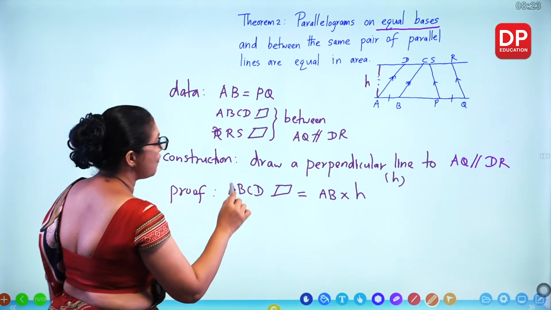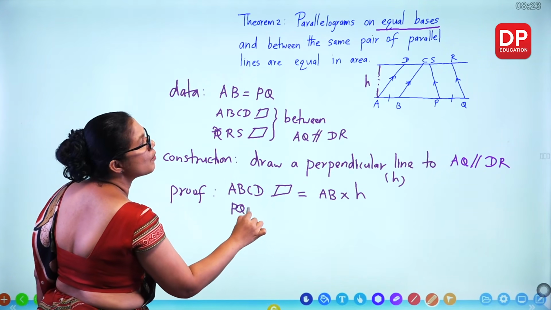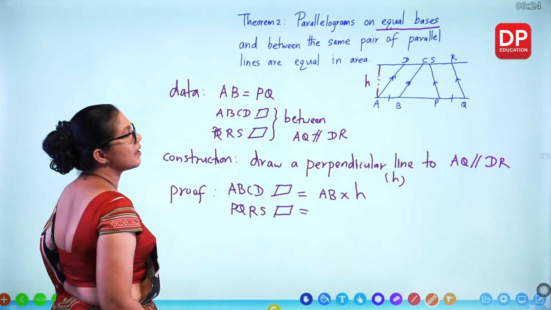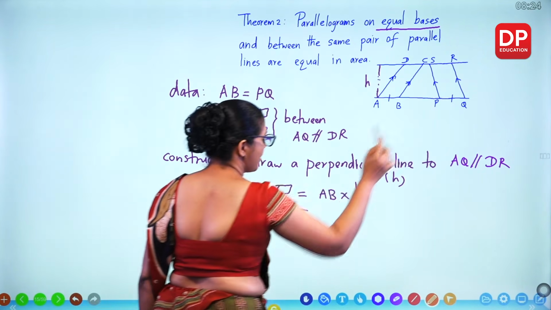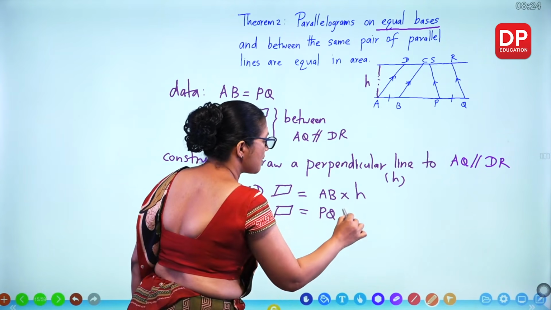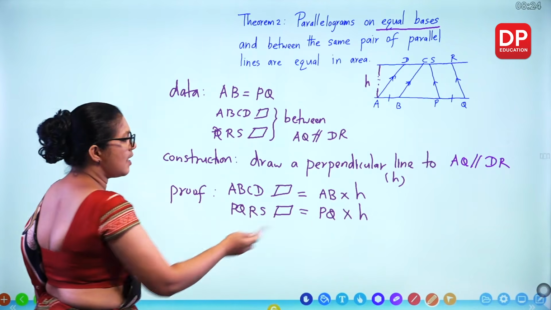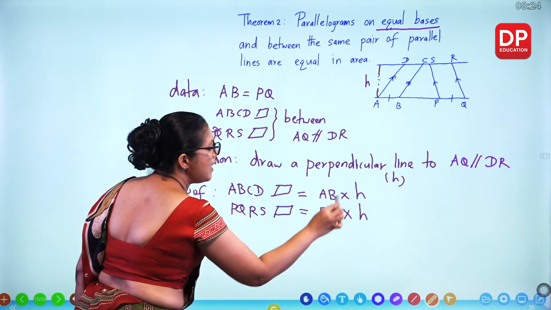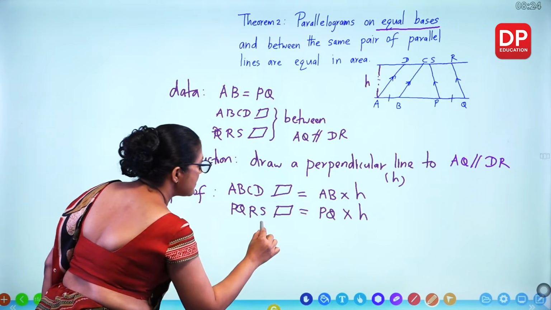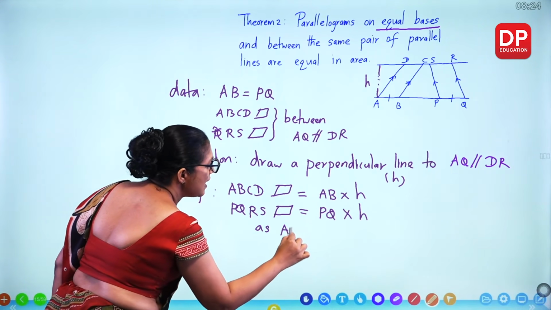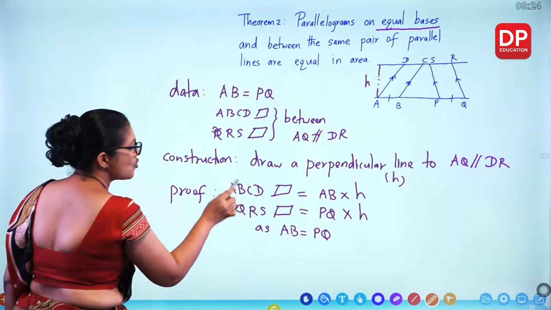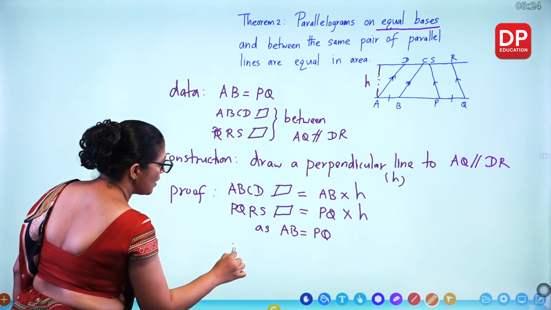And how can we find out the area of PQRS parallelogram? The base is PQ now, and you get the same height, perpendicular height. Now we know that AB is equal to PQ. That's given. As AB is equal to PQ, we can say these two areas also equal.